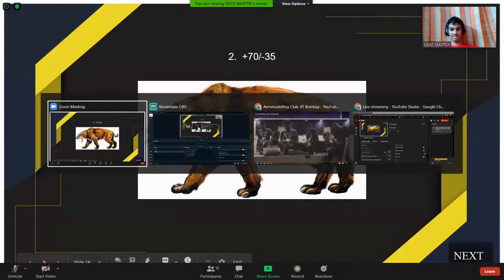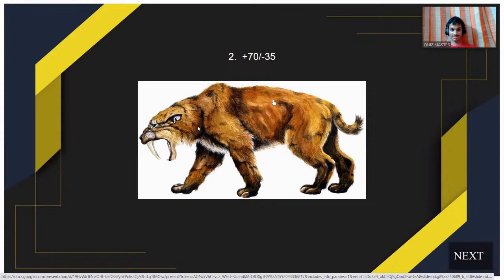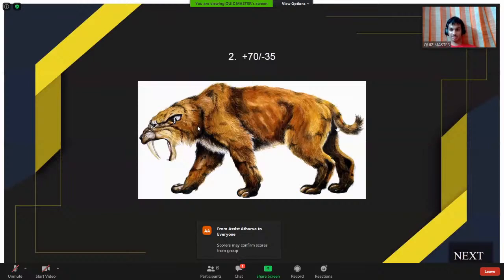So next up, this prehistoric animal. I want you to focus on the name.